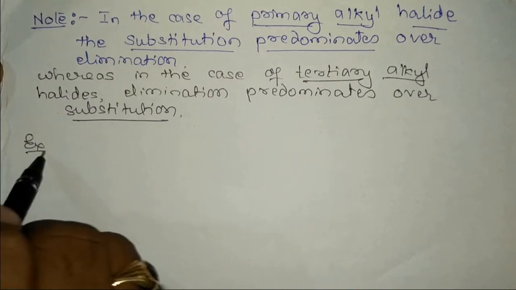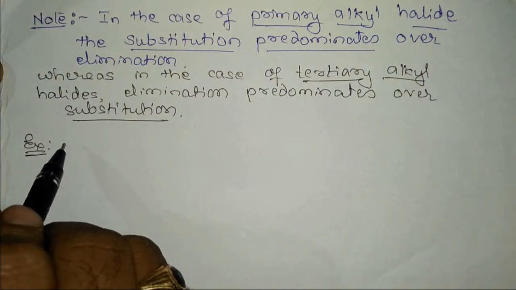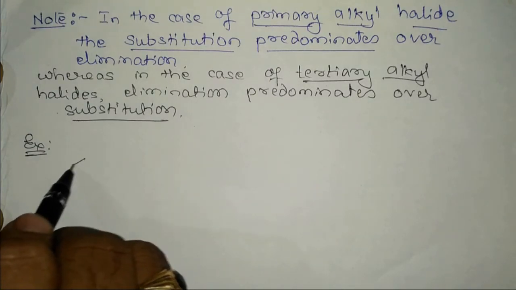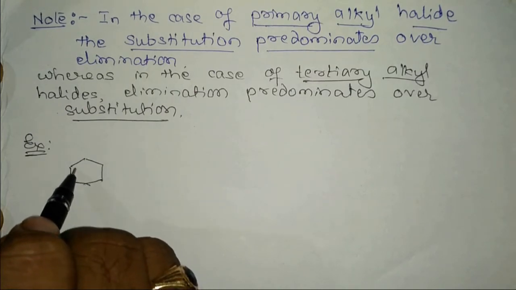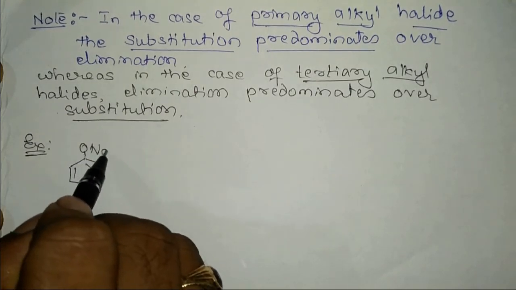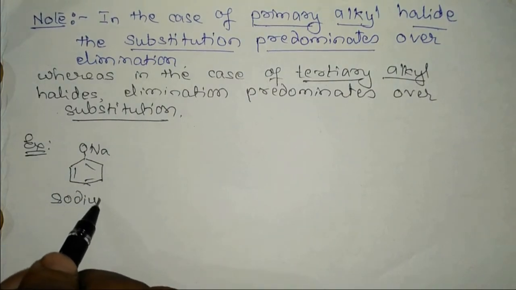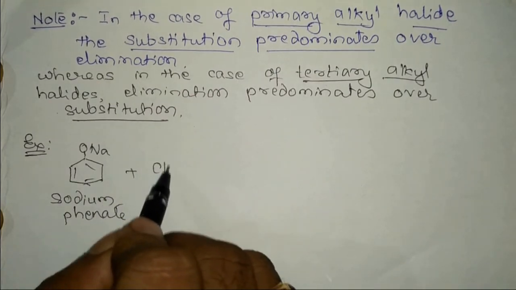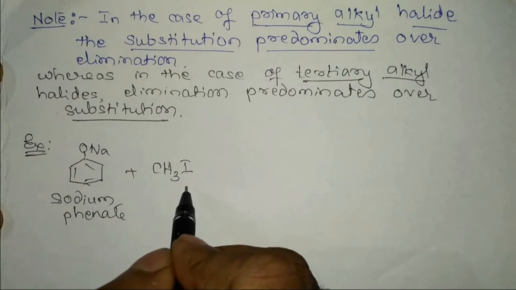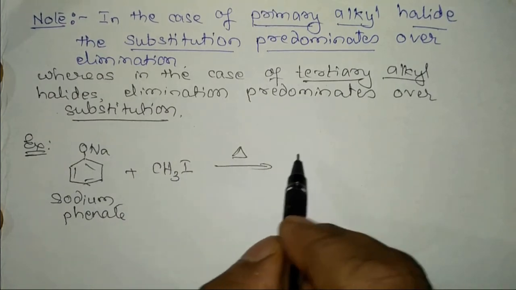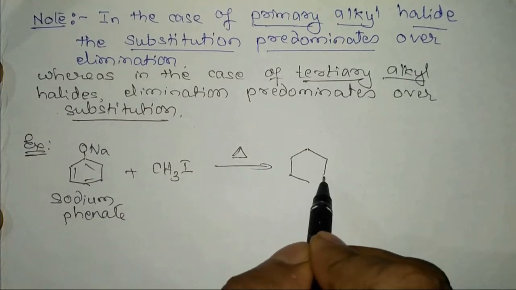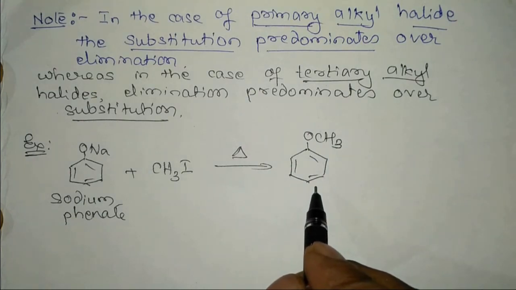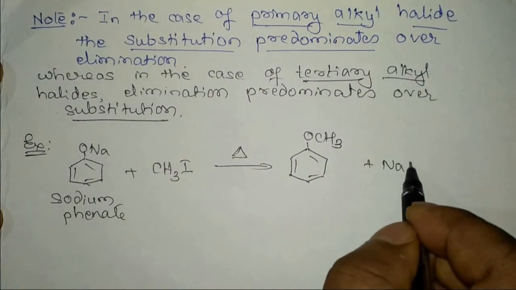For example, when sodium phenate is heated with methyl iodide, which is a primary halide, you are going to get methoxybenzene, C6H5-OCH3, plus NaI.